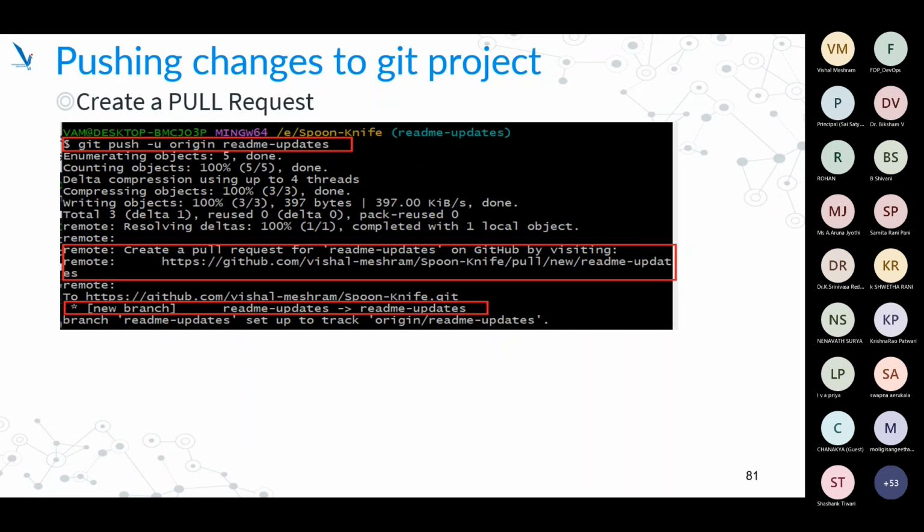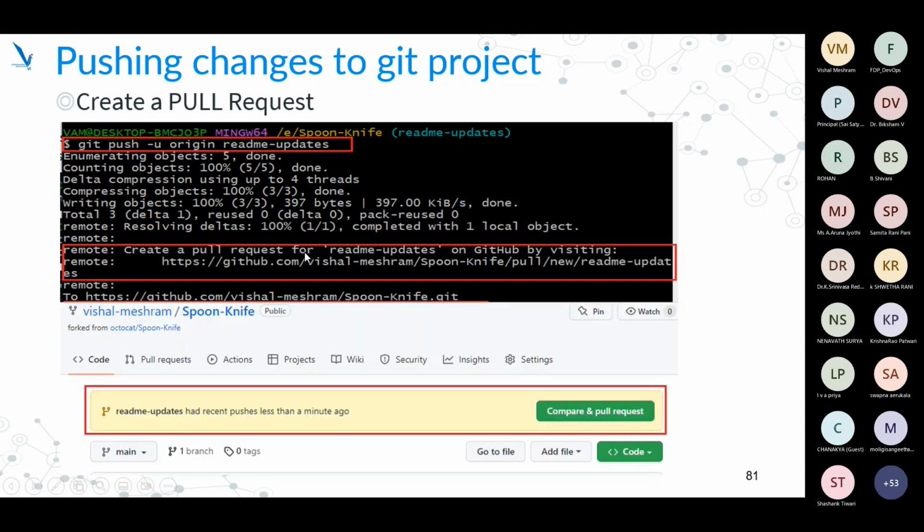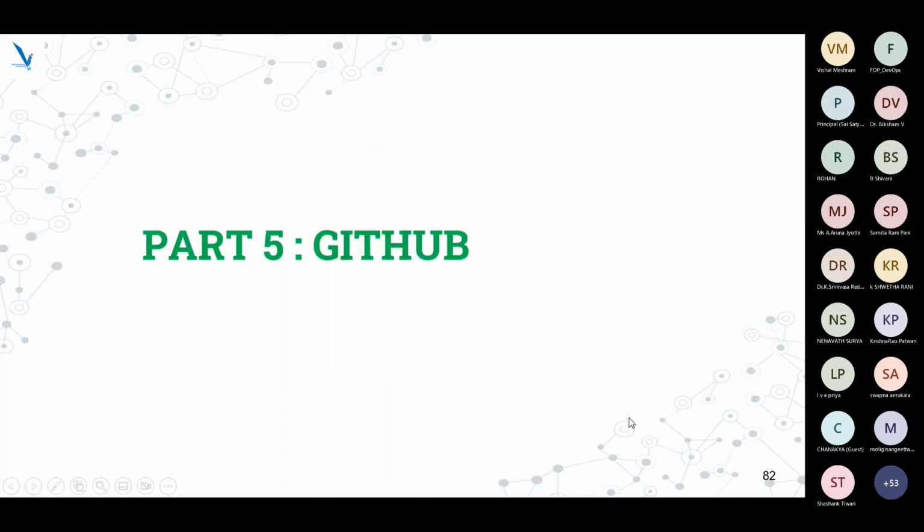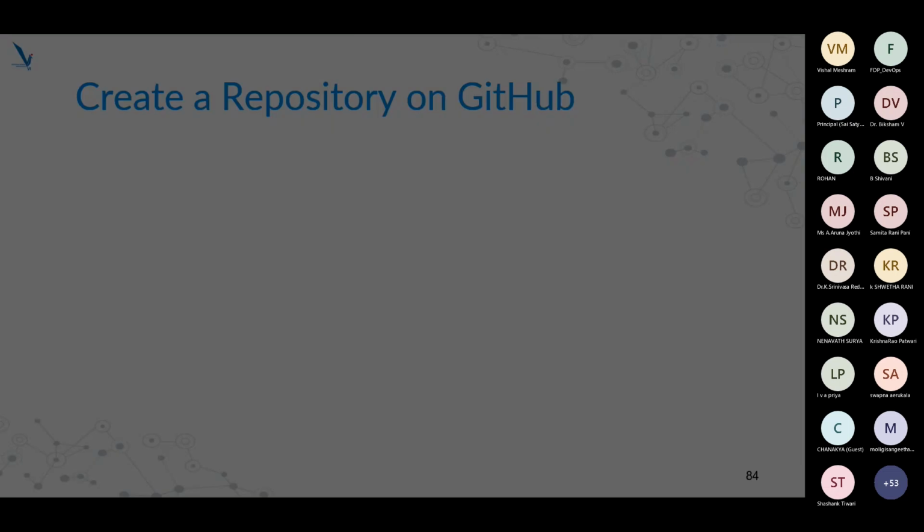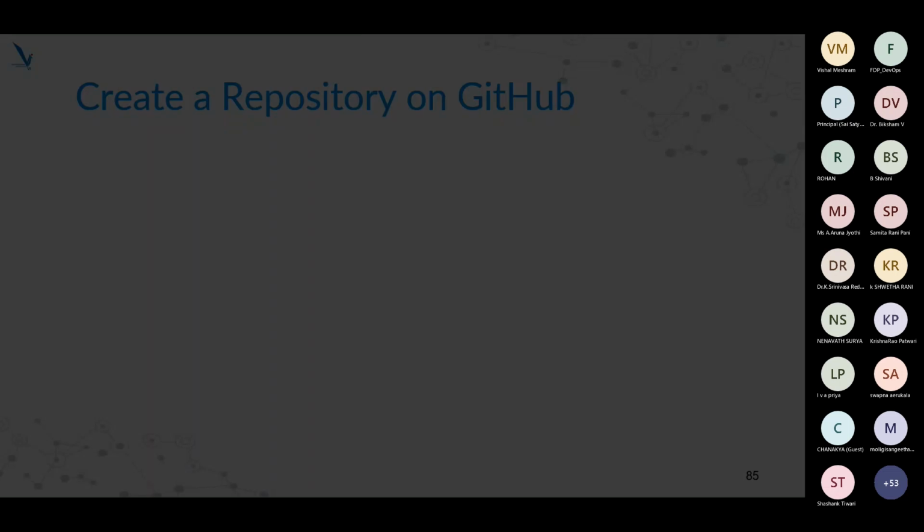In the diagram, I am working on the readme updates. When you push the readme update, it will create the pull request. PR means pull request in GitHub terminology. On the GitHub page, you will find the message compare and pull request, and then you can merge it. So this is the way you can work with GitHub.